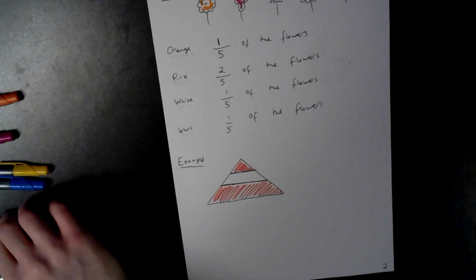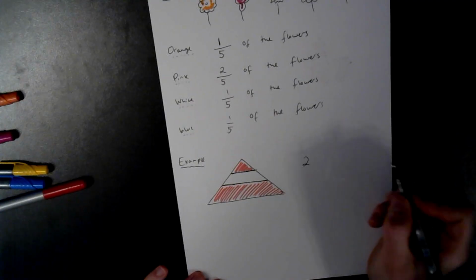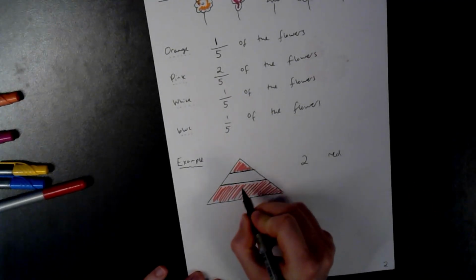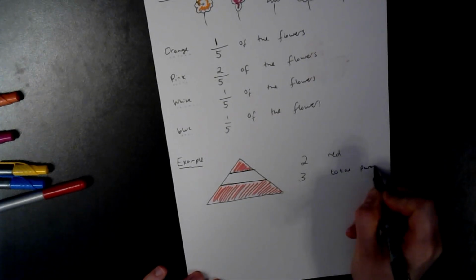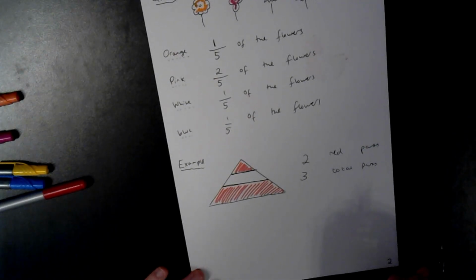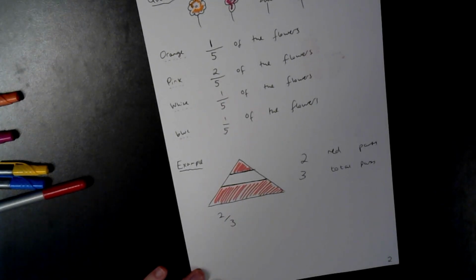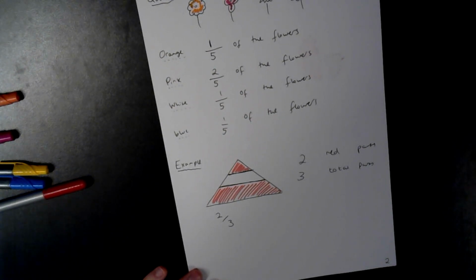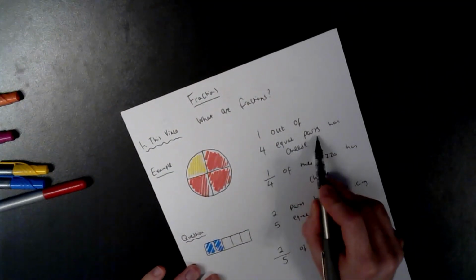So your first thought might be, okay, there's 2 red parts, and there's 3 total parts. So then presumably the answer could be 2 out of 3, right? Well, what we need to be careful of is that when we're looking at fractions, we're looking at equal parts.